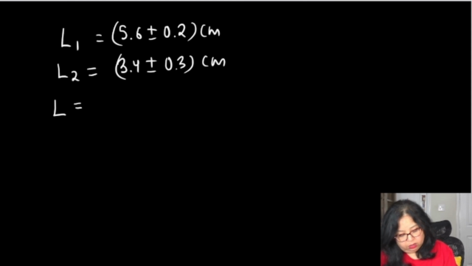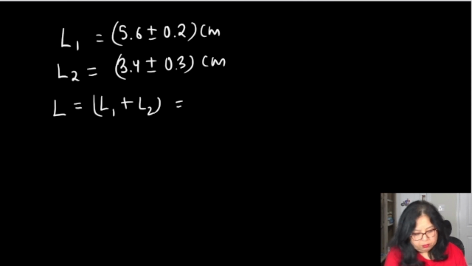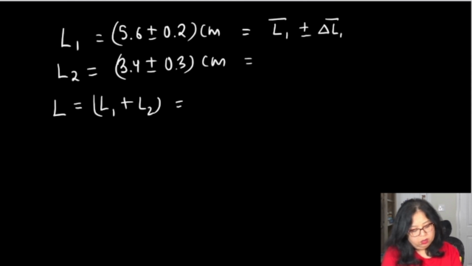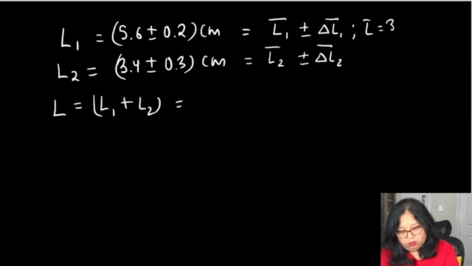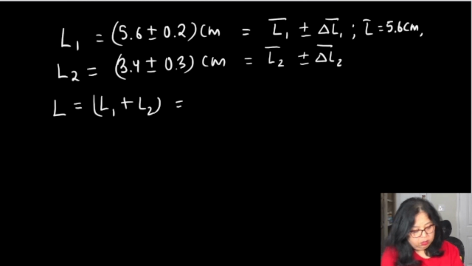To find L, which is L1 plus L2, let me rewrite this as L1 bar plus minus delta L1 bar, L2 bar plus minus delta L2 bar, where L1 bar equals 5.6 and delta L1 bar is equal to 0.2 centimeters.